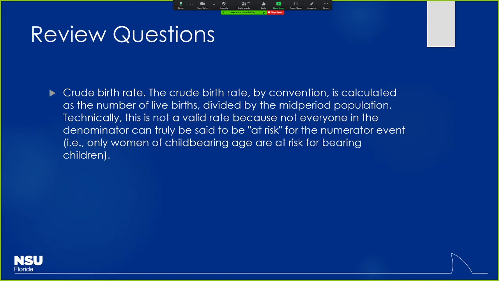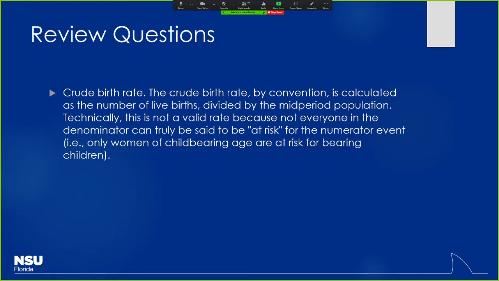The other thing too is that this isn't really a great rate in general, but it's one that you still will see used pretty commonly, because again, when you're typically talking about rates, the people in the denominator truly need to be at risk for the condition, right? So for instance, I'm trying to think of a good example, people who get prostate cancer, if your denominator is everyone in the US, well, that doesn't really make sense because not everyone in the US has a prostate in order to get cancer there, right?